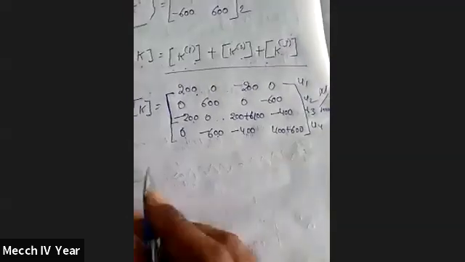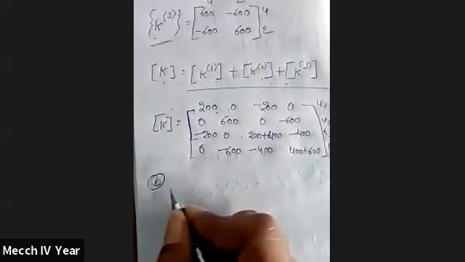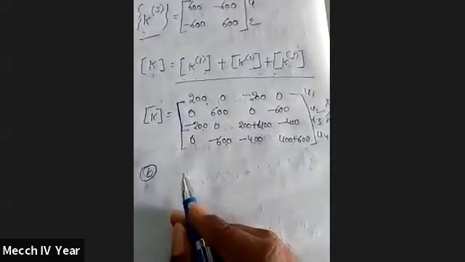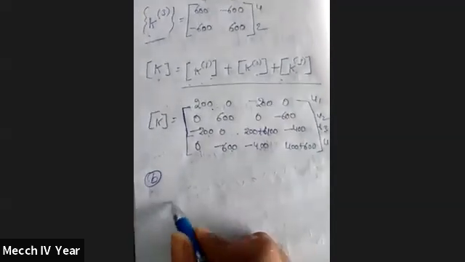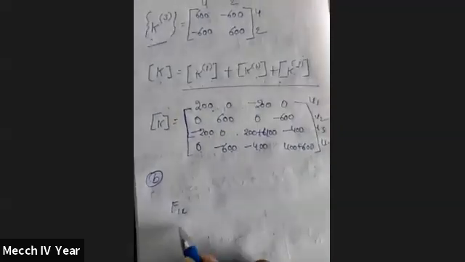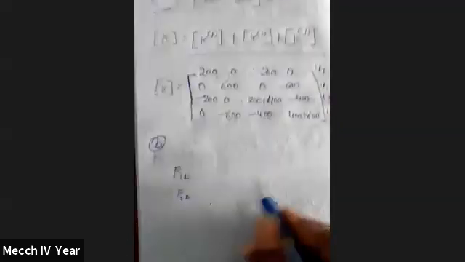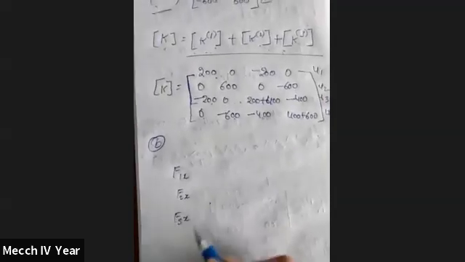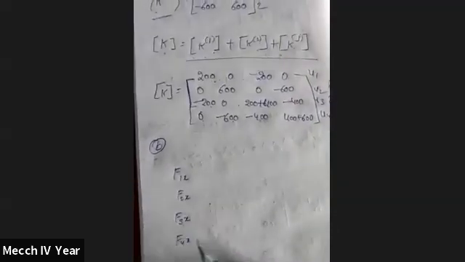Okay. And now here we see the global stiffness matrix. The point is the global stiffness matrix relates the global force. Here we have F1x, F2x, F3x, F4x.